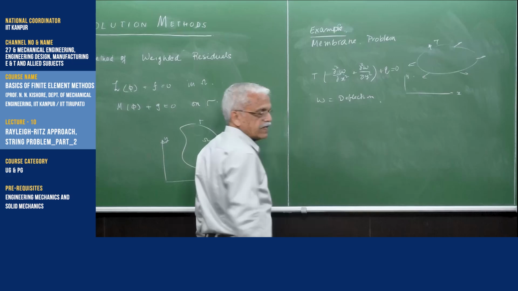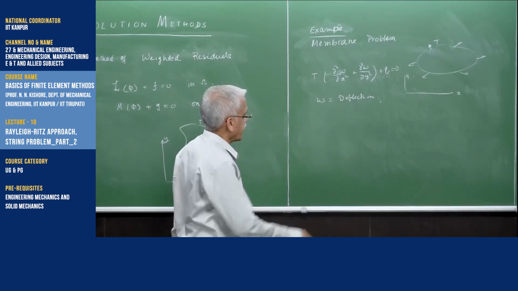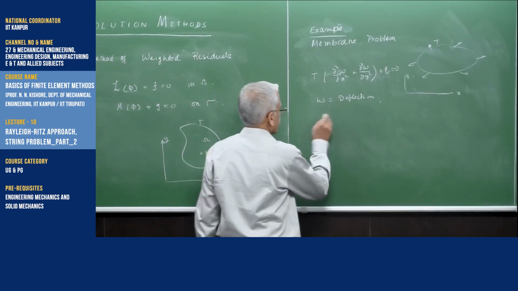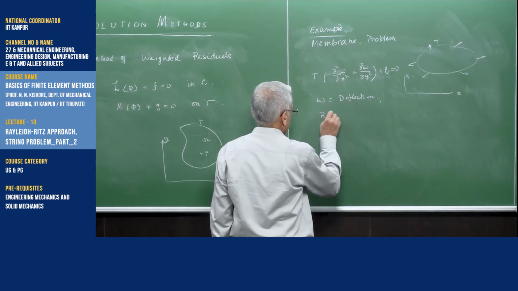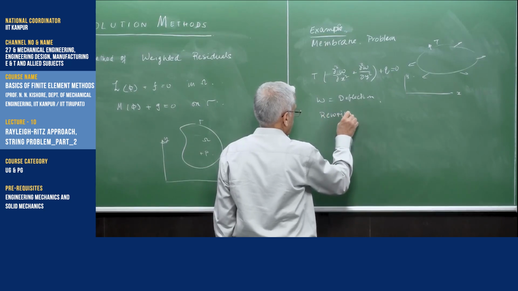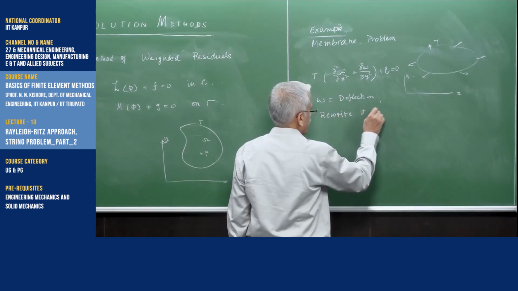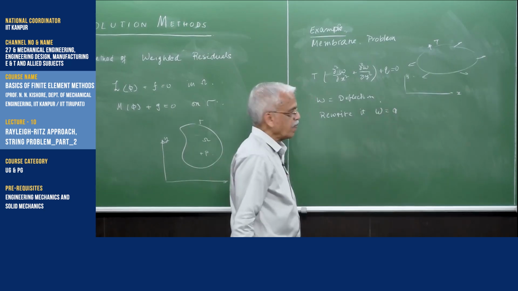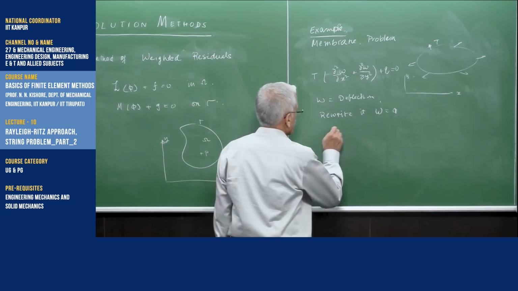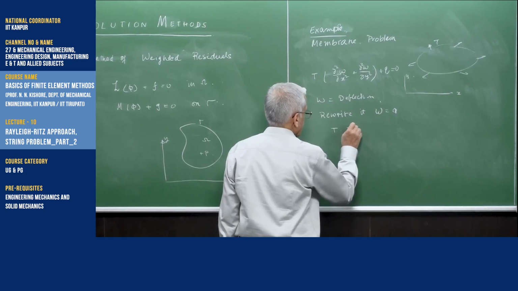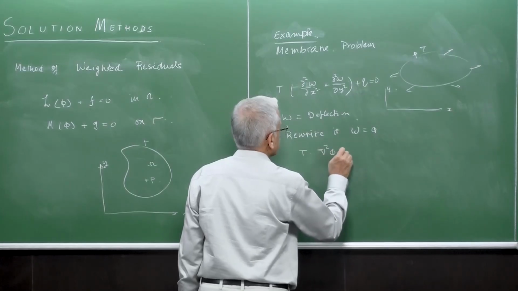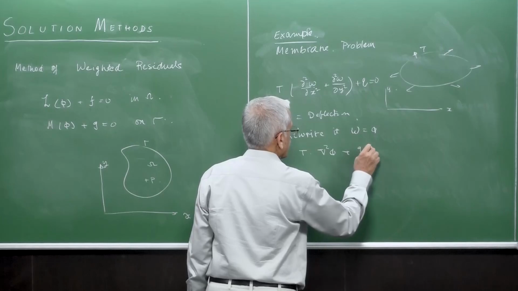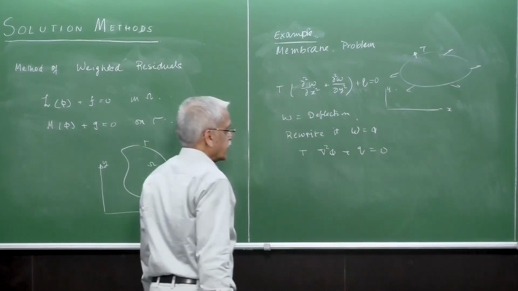Let's rewrite it in terms of phi instead of W, which is more convenient for us. So we can write it as T times del square phi plus Q equals 0.